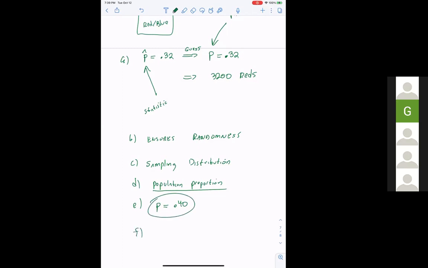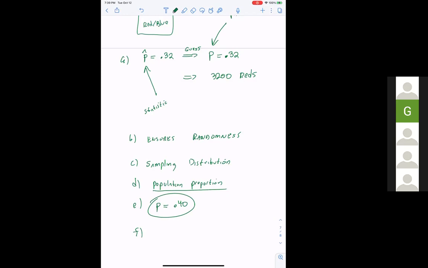F. 20 party goers in all bought 100 chip samples. Here is the dot plot of the various proportions of red chips they obtained. So 4 people actually got exactly 40%. One person got really low.